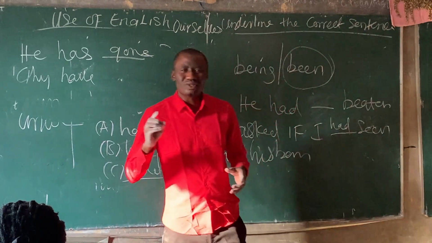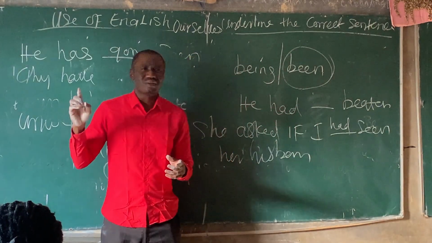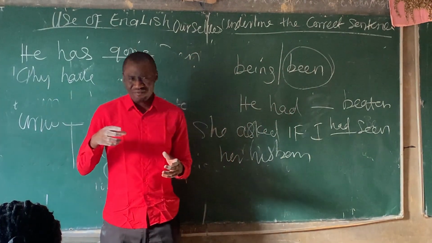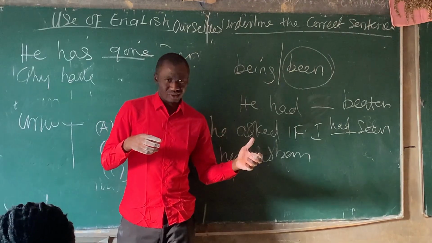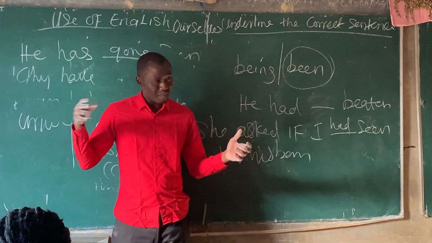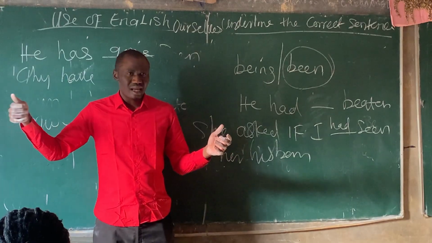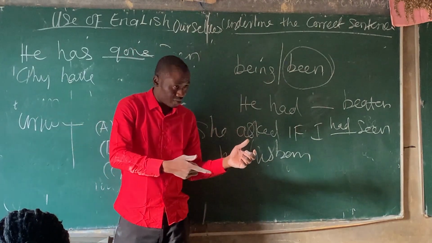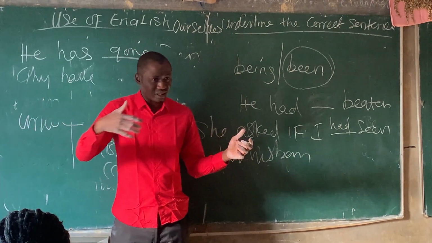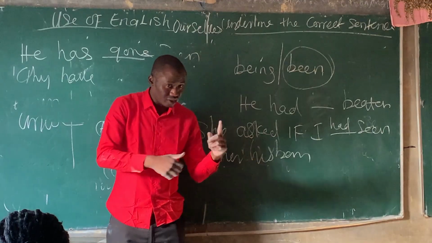Good. She's talking about past perfect tense. Something has happened in the past and is linked to what happened afterwards. That's what we call past perfect tense. You get it now? So she's correct.